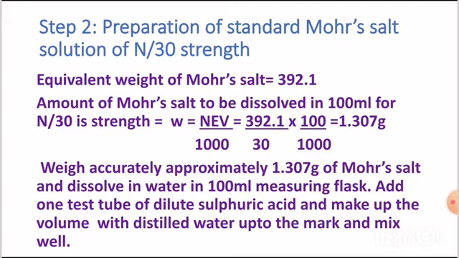Normality is 1/30, equivalent weight is 392.1, and the volume is 100. So finally we get 1.307 gram. So weigh accurately approximately 1.307 gram of Mohr salt and dissolve in water in a 100 ml measuring flask. Add 1 test tube of dilute sulfuric acid and make up the volume with distilled water up to the mark and mix well.